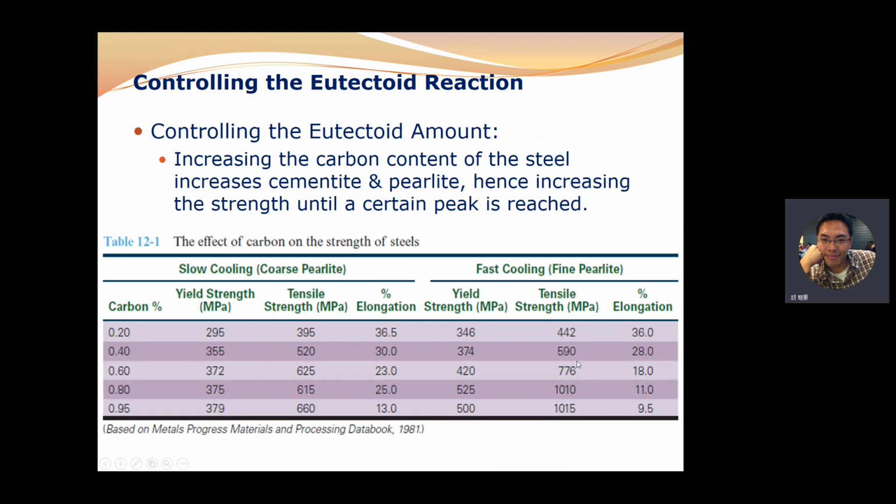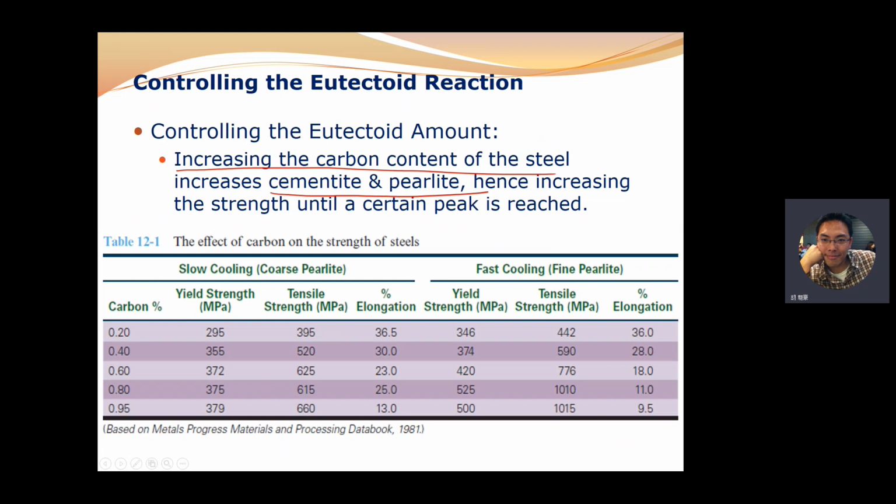So controlling the eutectoid reaction, controlling the eutectoid amount, increasing the carbon content, increases the cementite and the pearlite, hence increasing the strength till a certain peak is reached. The higher the carbon content, the higher the amount of the cementite and the pearlite.